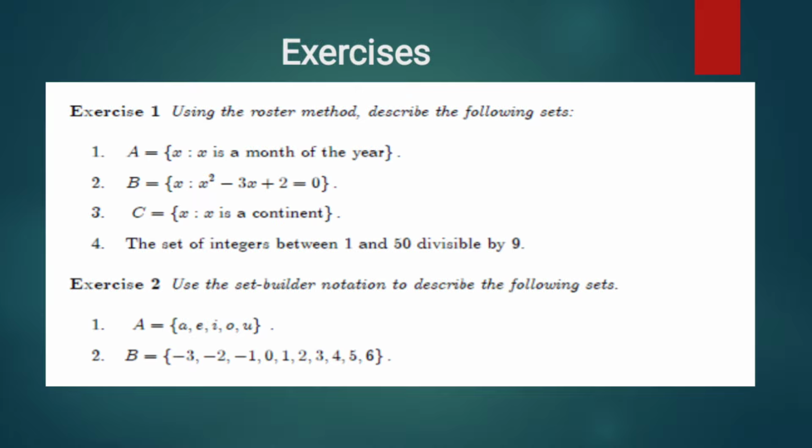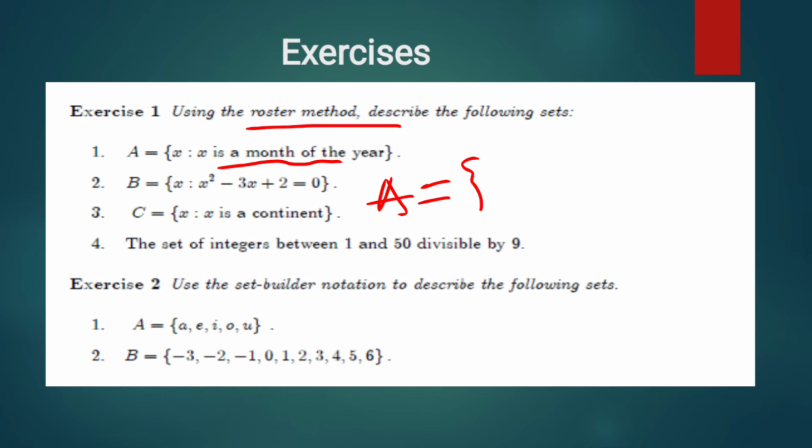We have the first exercise here, which I'm expecting you to solve. I can solve the first one for you. It says, using the roster method, describe the following set. I expect you to know what the roster method is; simply go back and read the definition. For number one, A is the set of X such that X is a month in the year.